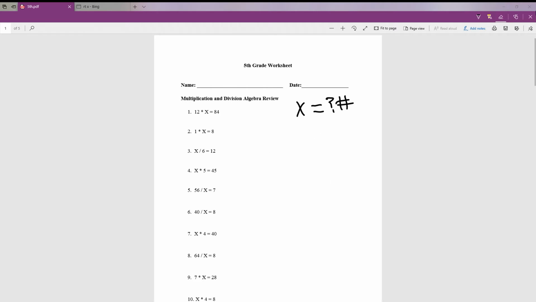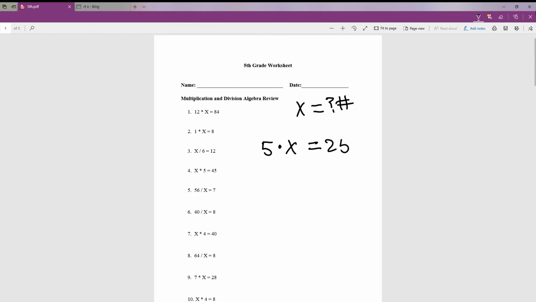But let's say you wanted to multiply or divide. So let's say we had 5 times x is equal to 25.